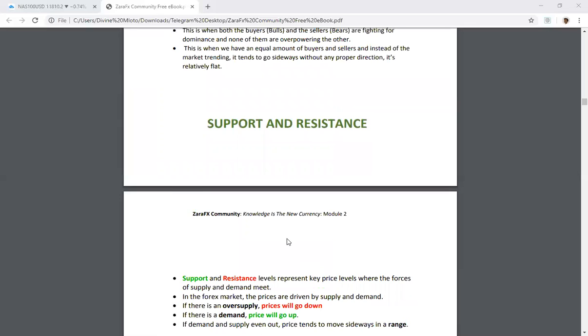So basically, there comes a point where price is going up and they meet sellers, or as price is going down, they meet buyers. You understand? So we usually use areas where price was going down and got rejected, that level is usually support. Or if price was going up and got rejected, that price is gonna be called resistance.